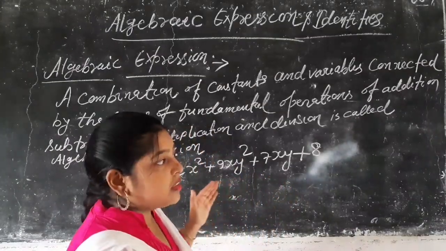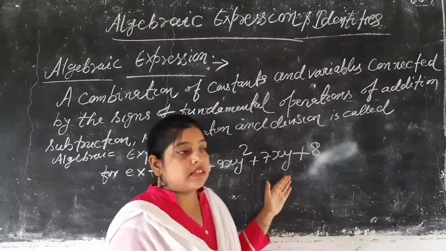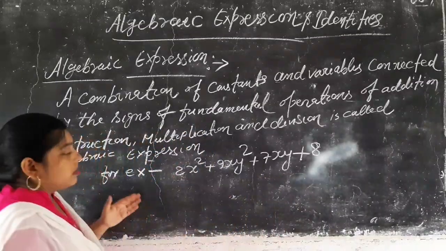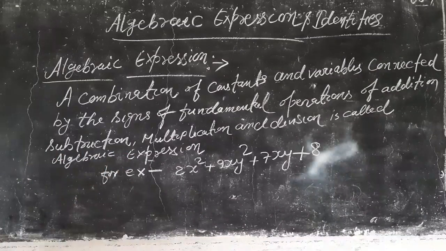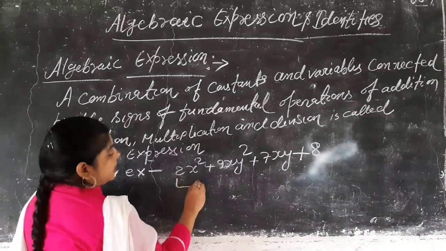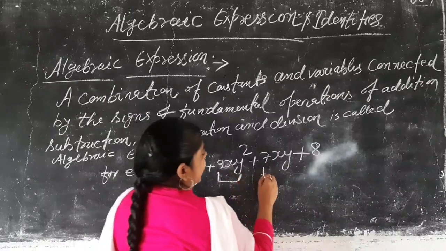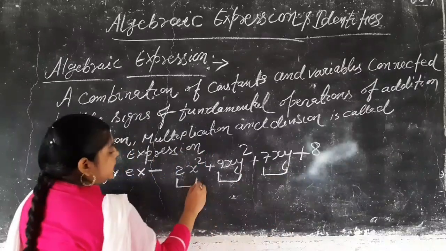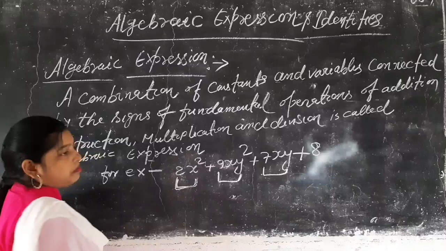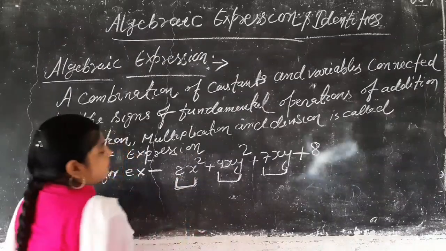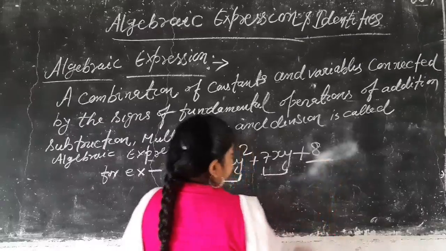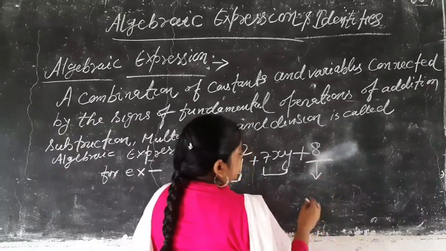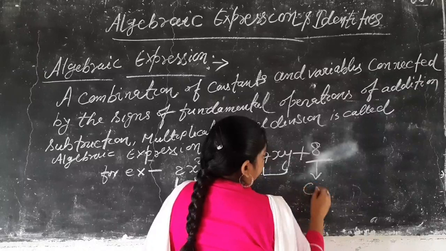For example, 2x square, 9xy square and 7xy include variables and terms both, but 8 does not include variables, so that is called a constant.